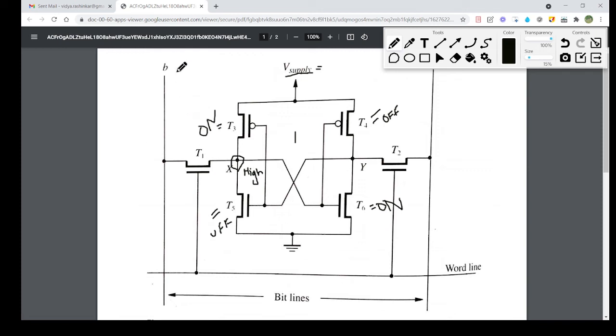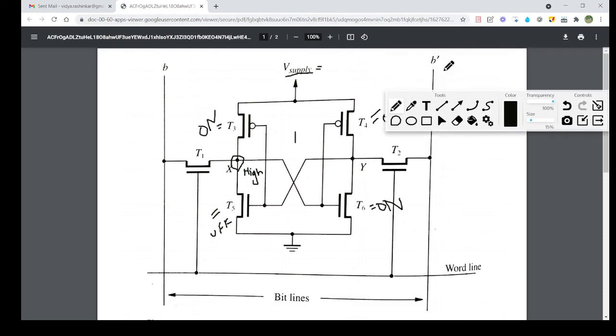When the word line is high, it means transistors T1 and T2 will get active. Once transistors T1 and T2 are active, the value which is at point X is passed to the bit line B and its complement is passed to the bit line B dash.